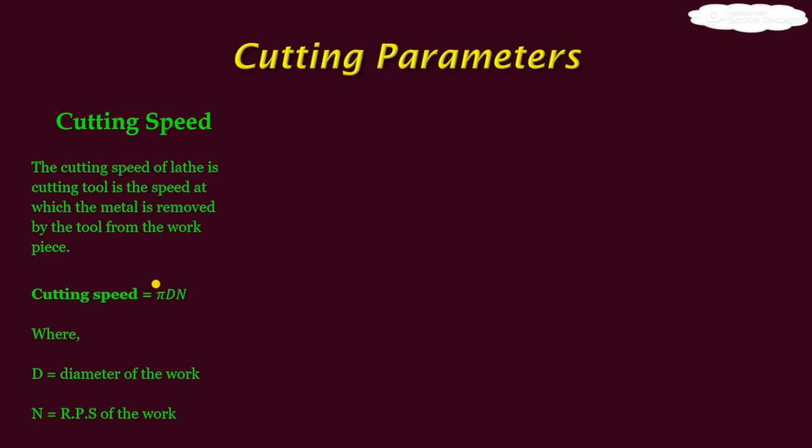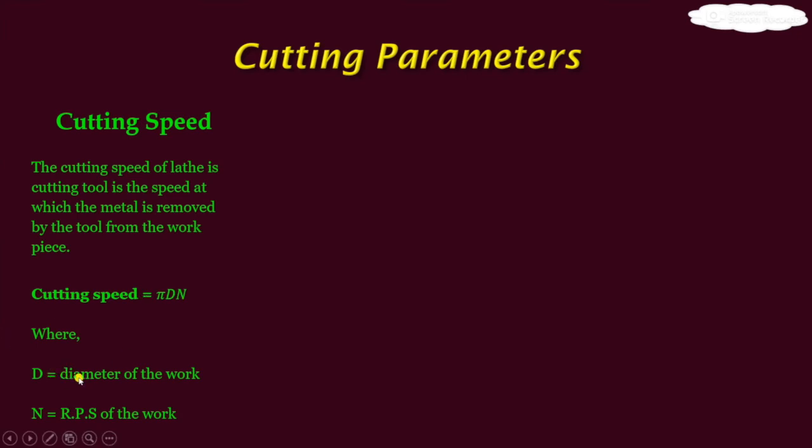And what is the magnitude? For that particular instant, we can consider that in the tangent direction there is no movement of the cutting tool, so the cutting tool can be considered as stationary and the job is rotating in a circular path. So the tangential velocity is pi d n, which is called the cutting speed.